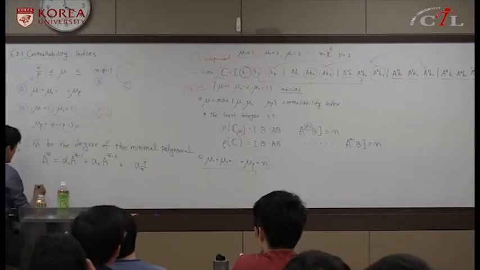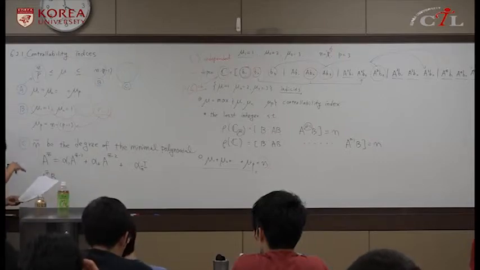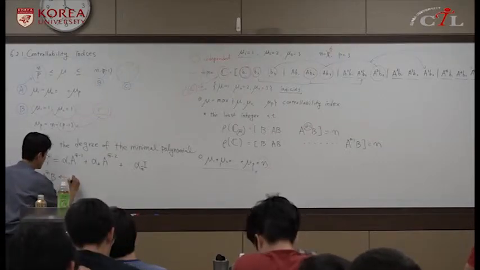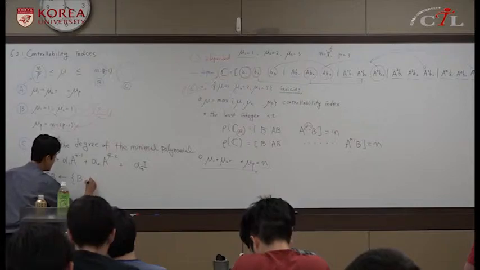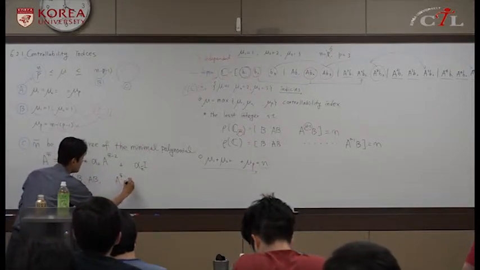So any A^n bar B can be generated by the combination of B, AB, up to A^(n bar minus 1)B.